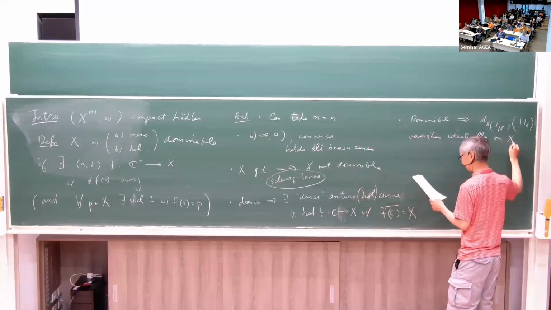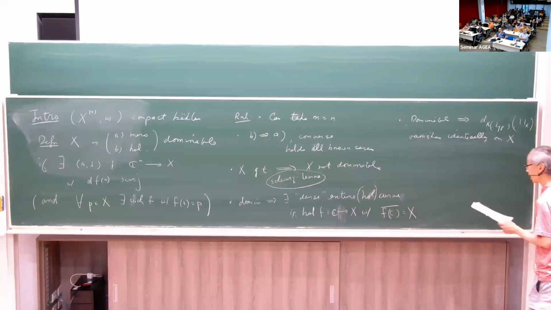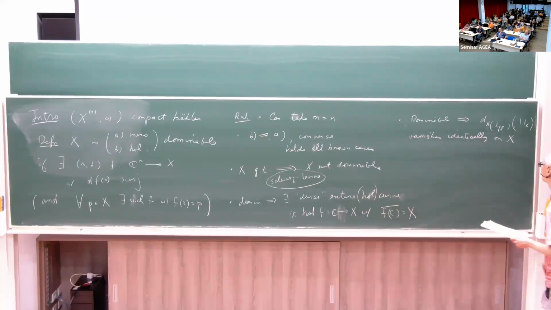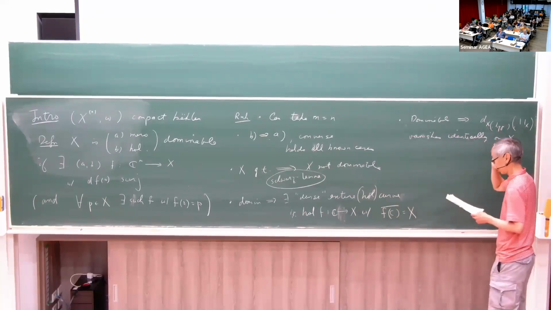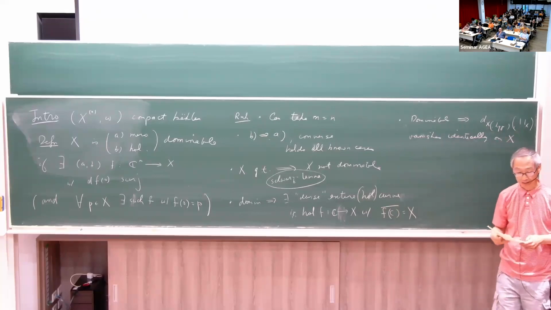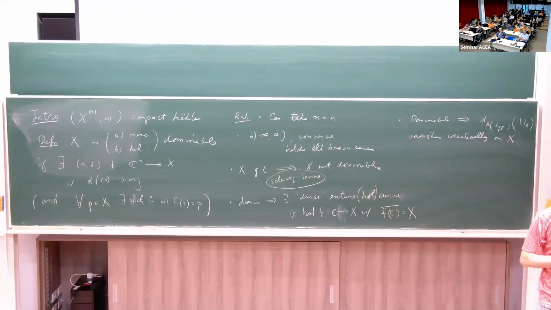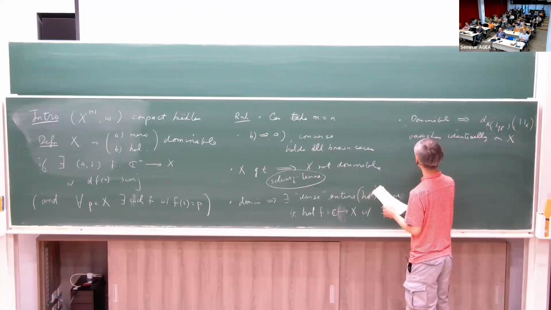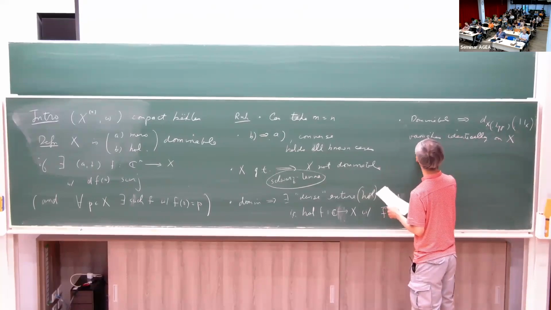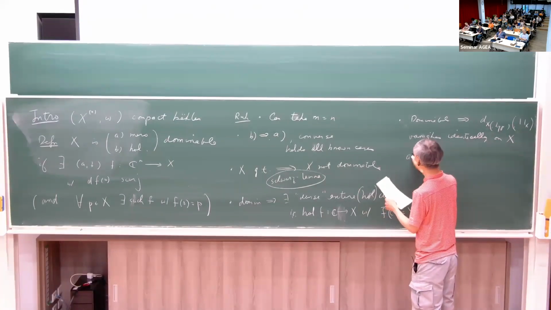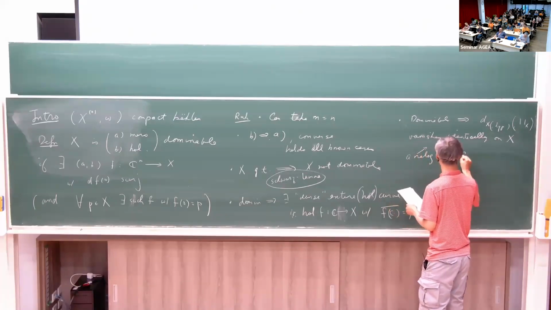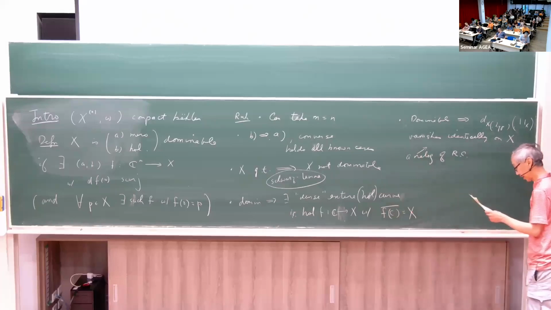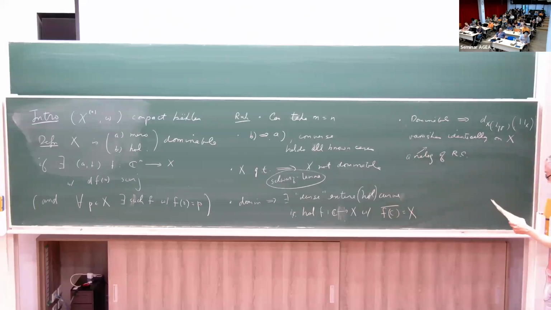All right. So this condition of the Kobayashi metric vanishing is somewhat analogous to, for example, the condition of being rationally connected, right?